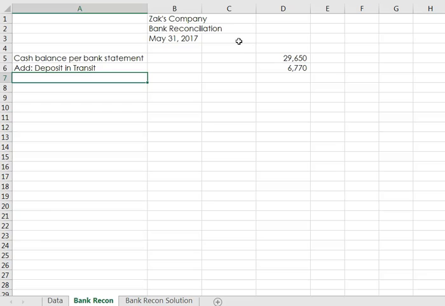Next, I have 3 outstanding checks, which are checks that have been written by the company, so I know about them, but they haven't cleared the bank yet, so they don't know about them. These 3 checks are deducted from the bank balance, since if they had cleared the bank, they would have decreased the balance they reported.